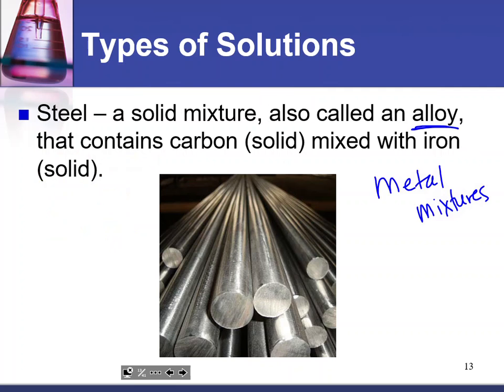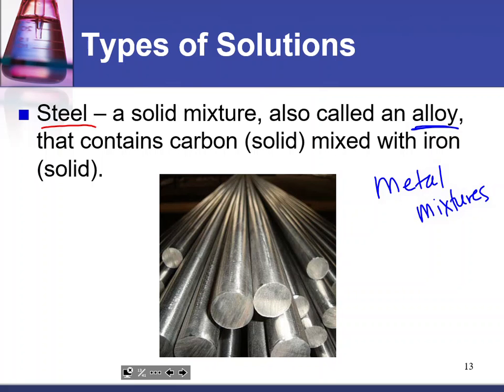And the main one that you see up here is steel, where they take iron, and a lot of times with steel they put carbon in it, but they also can put other metals in it depending on the uses. They mix different metals together for stronger metals, sometimes more pliable metals, more malleable, more ductile. But alloys, mixtures of metals, are always going to be under the solution category.